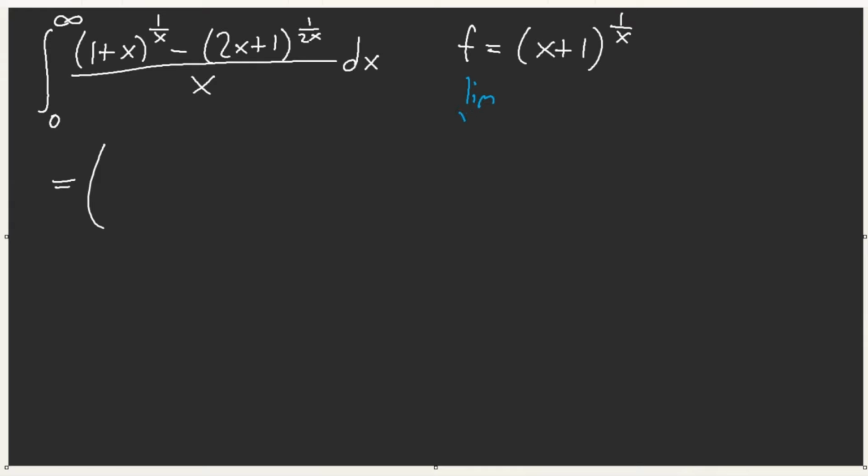The limit as x approaches infinity, we have x plus 1 to the power of 1 over x. Again, whenever we deal with something like this, we use a log loophole. e to the power, say this is technically x plus 1 over x. So we have a limit here.